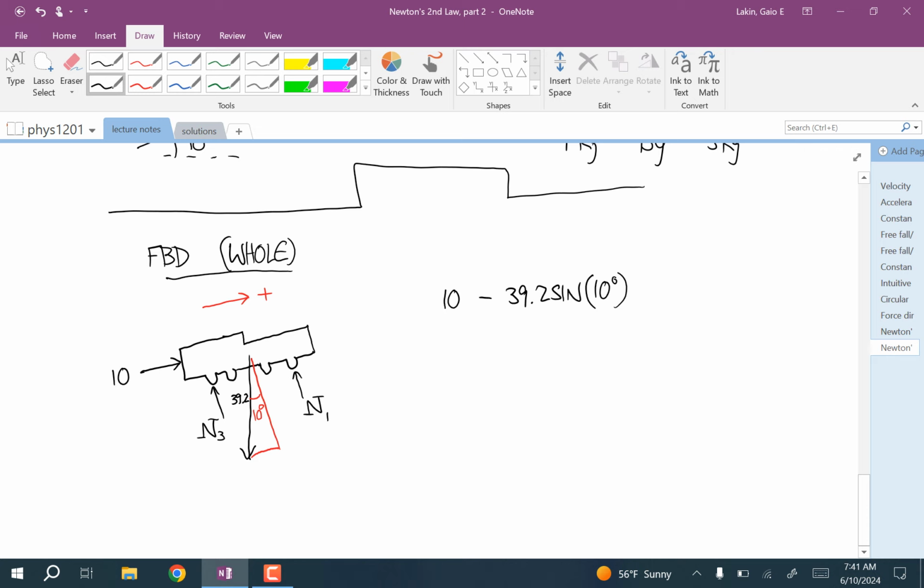Whether you use cosine or sine all depends on SOHCAHTOA, which leg of that triangle you're trying to come up with. And this is all equal to the mass of the system times the acceleration of the system. So if you multiply out that expression, you get 10 minus 6.81 is equal to 4a.